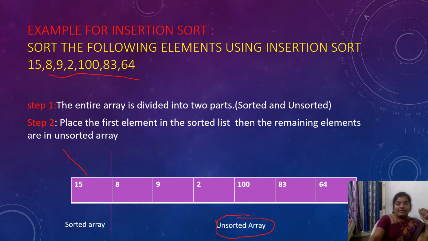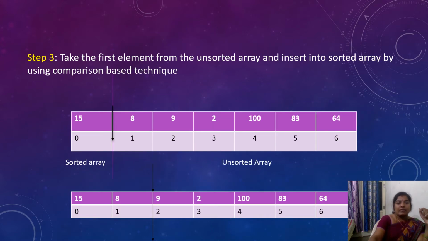Okay. So next, coming to the third step: take the first element from the unsorted array. This is the unsorted array, and this is the sorted array. So what is the first element in this unsorted array? The first element is 8.